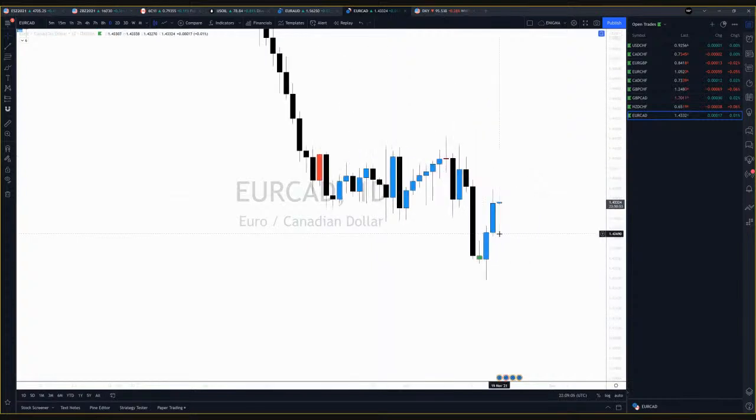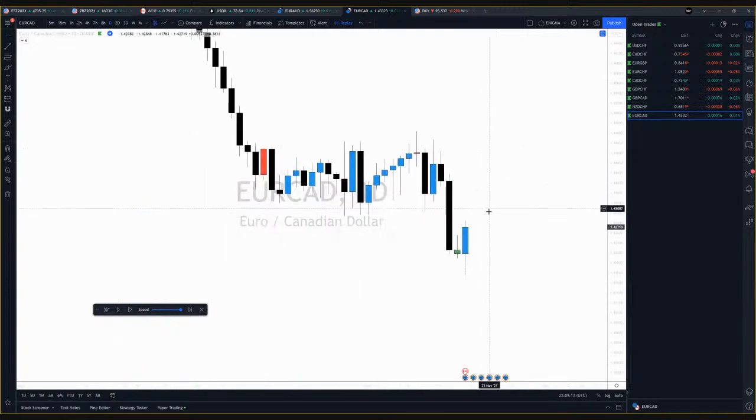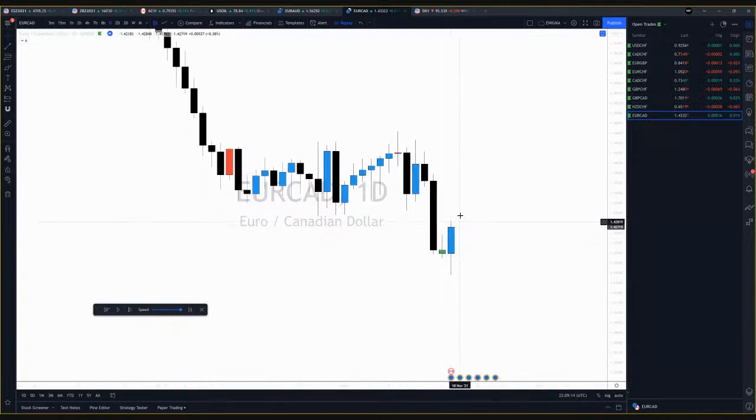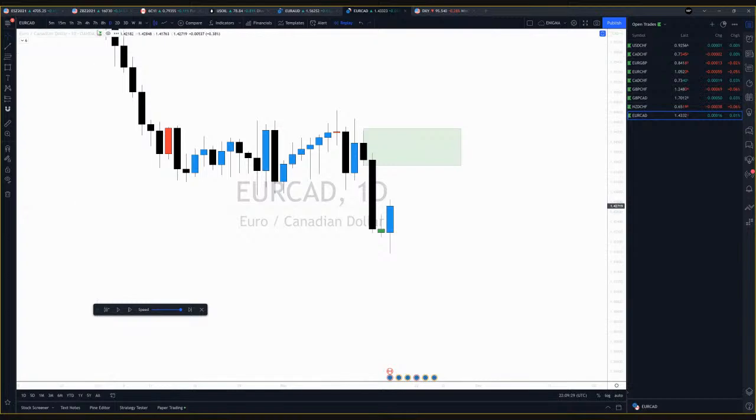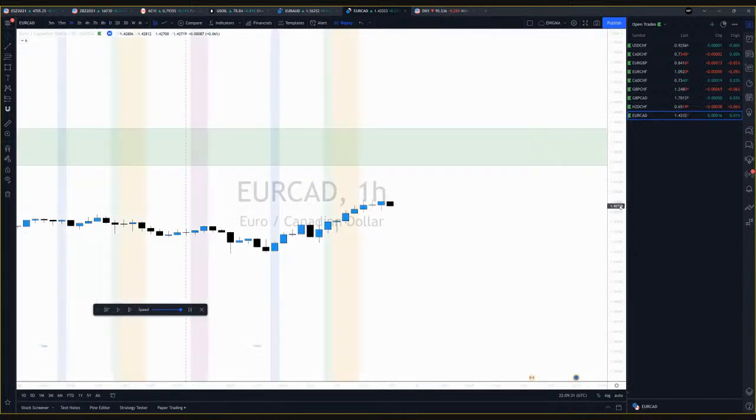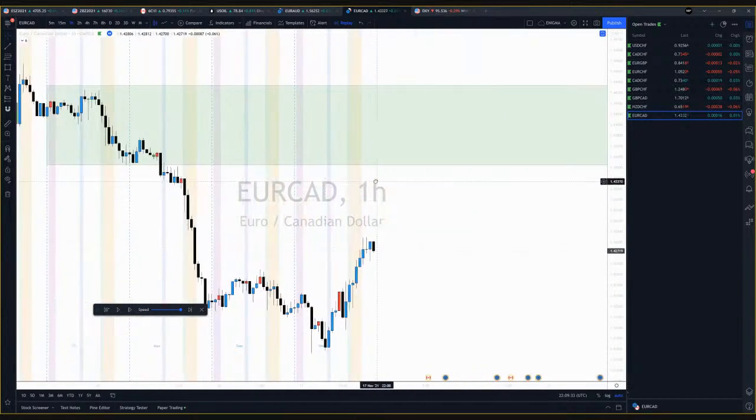Okay. So if you understood what I showed you today, let's cut this one off right there. Today was a buy day to go up here. So price was meant to go right up there. Let's drop down to the lower time frame and see where I could have got an entry.